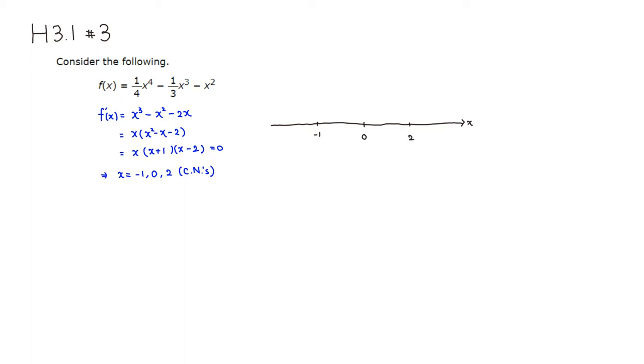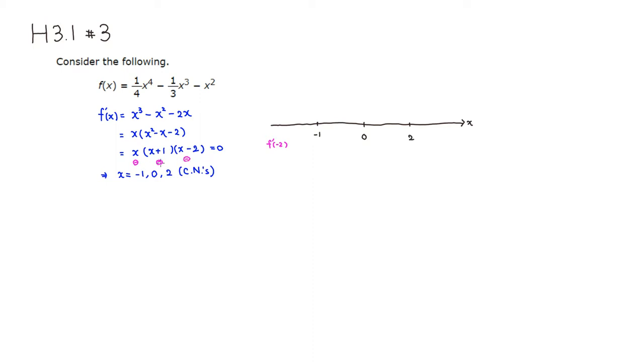So let's see, sample number, anything smaller than negative 1. I'm going to try f prime of negative 2. Here, this is going to be negative, negative 2 is negative, and negative 2 minus 2 is negative.